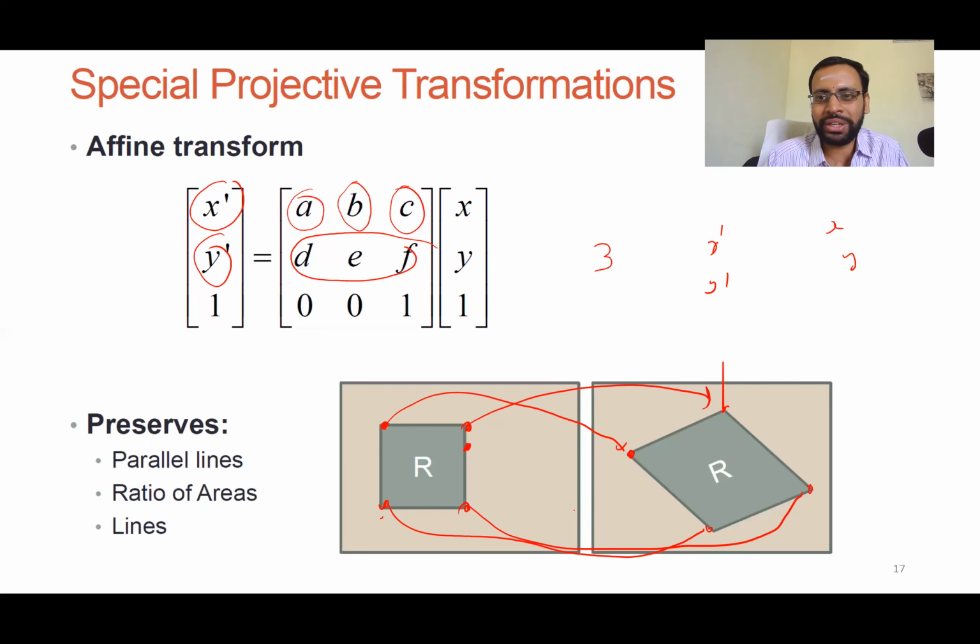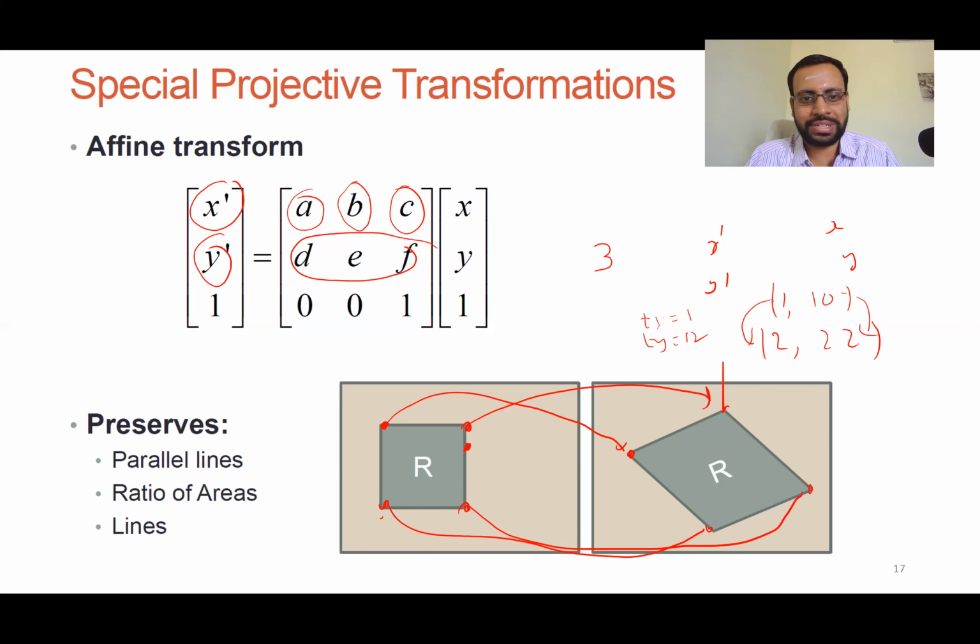How many sets of points? 1 point should be sufficient, because if I give you 1 point as 1, 10, and another point as 2, 22, then there is a shift of these corresponding points. So 1 has moved to 2, so your tx equals 1 and your ty equals 12. That's all. 10 has moved to 22. That's the simplified version of this question.